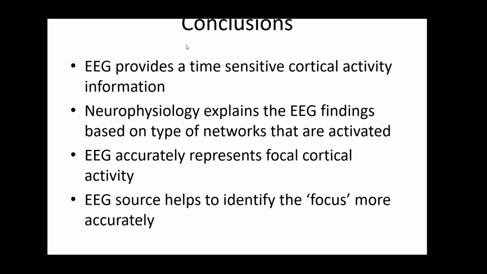Now you have an anoxic injury that exclusively affects the cortex and the white matter is intact, then you can have a lateral cortical inhibition that is affected, and that's why. So the answer cannot be given. It depends on the lesion. The lesion can affect either white matter or gray matter, and depending on the type of network that is affected, that is what's going to cause the epileptic activity.